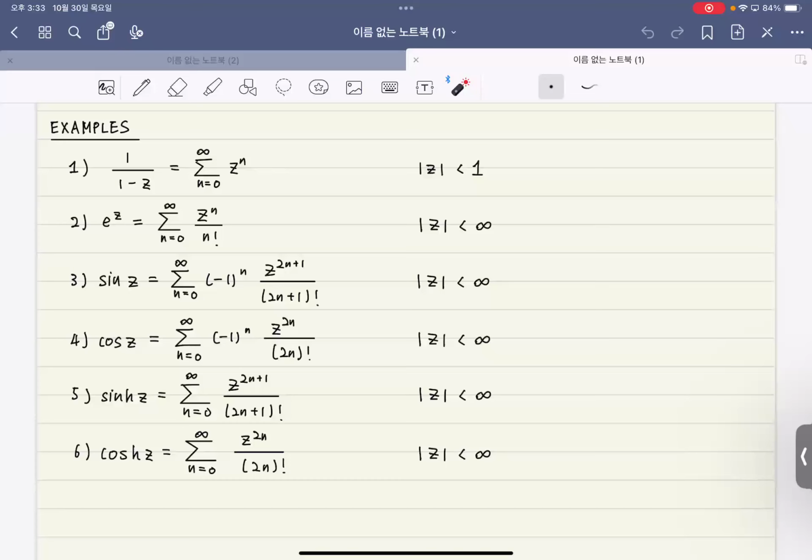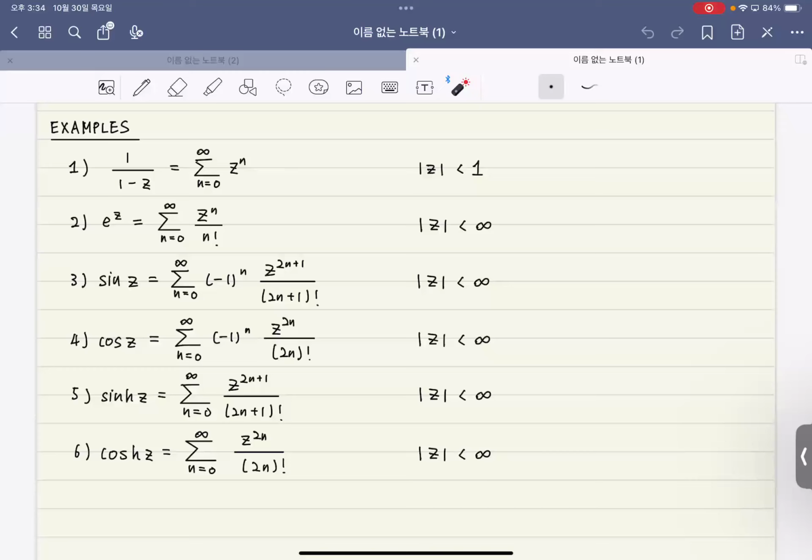Now I want to come back to this function, because it has a singularity at 1. The question is, maybe I can find not a Maclaurin series but a Taylor series of this function. Instead of a Taylor series centered at the origin, maybe I can try another center, say the imaginary unit i.